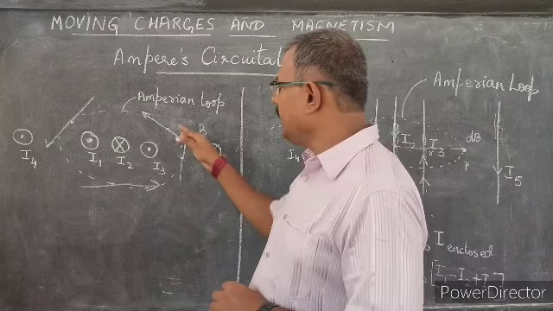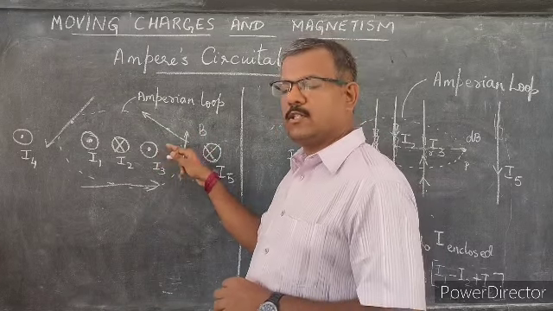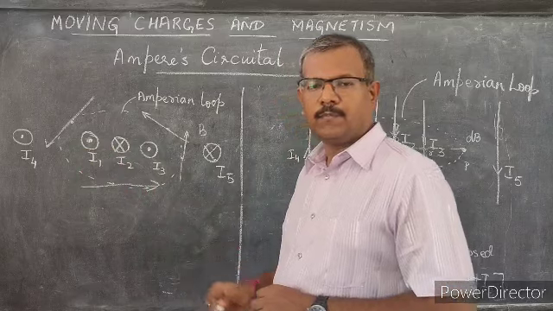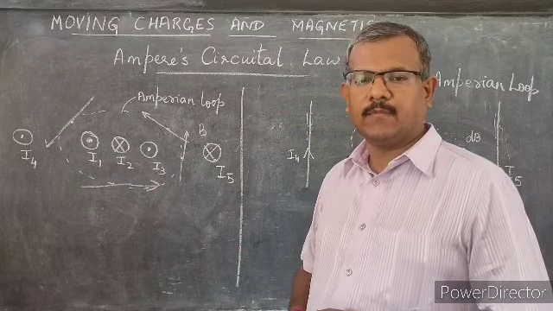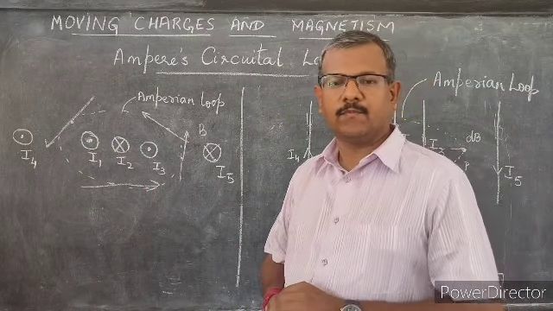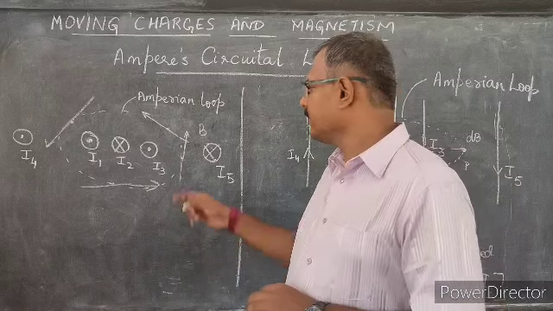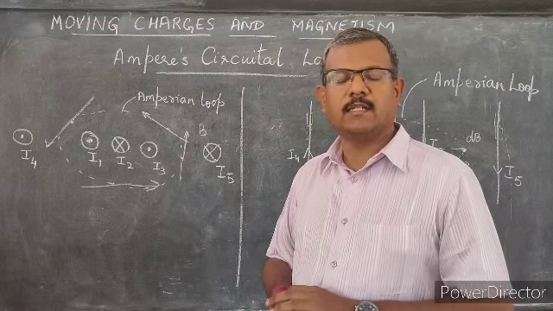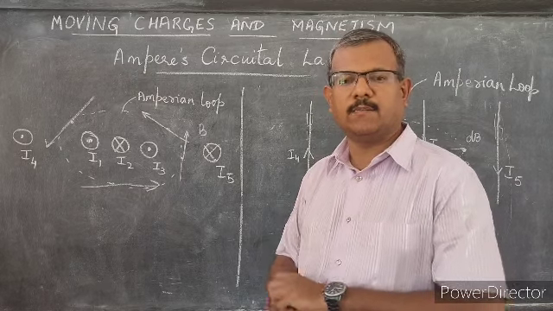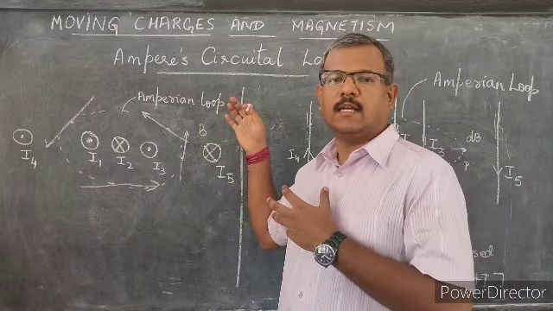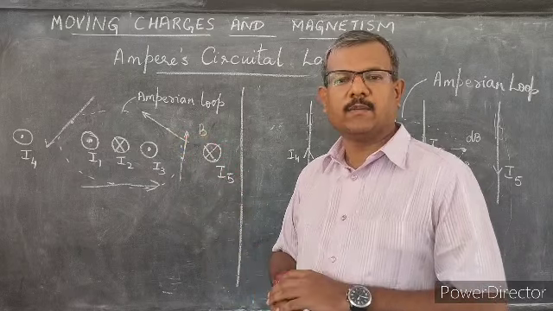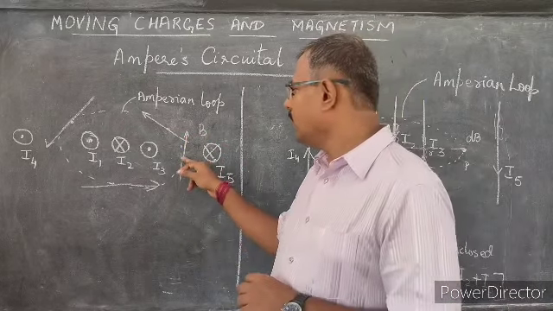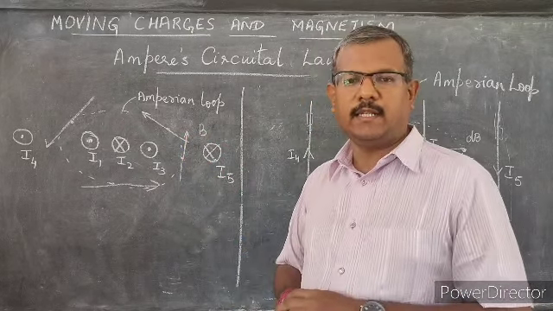Now when the magnetic field is tangential to the loop, then the angle that the imaginary current element that is producing the net magnetic field makes with this point will always be 90 degrees.